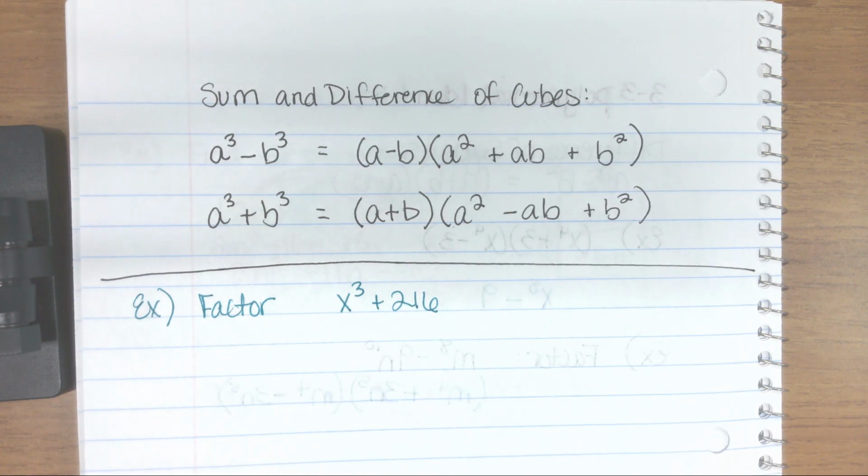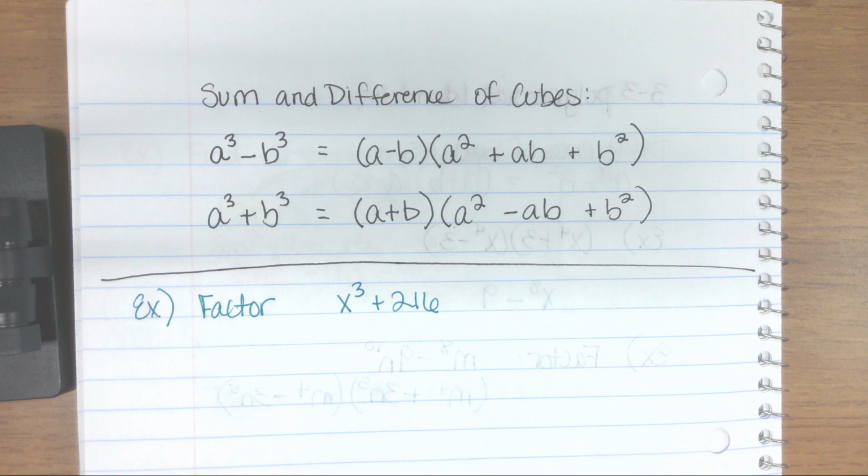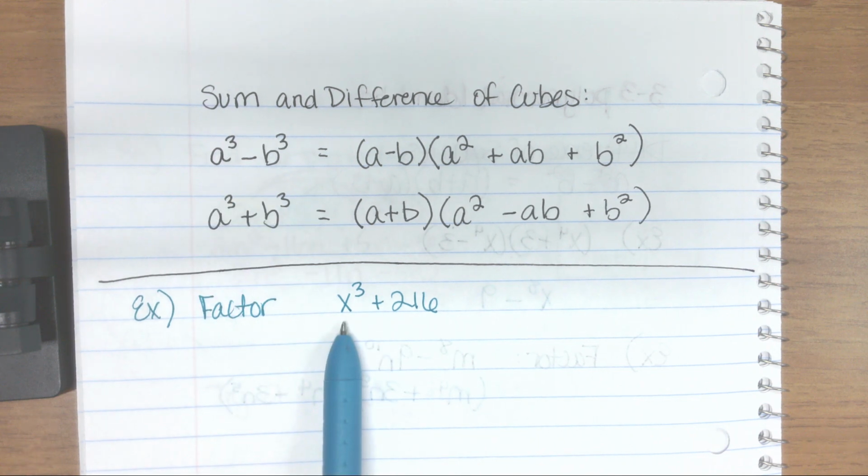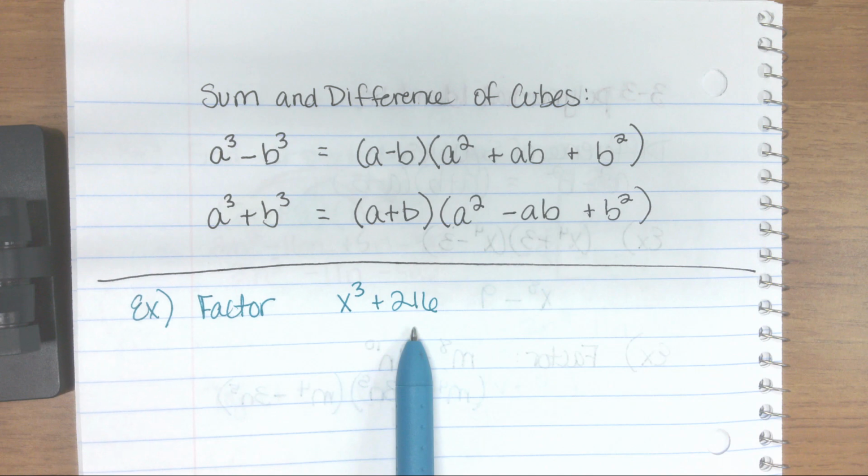Okay, now I do recognize that some of you don't know your cubes as well as you know your squares, so I'll quickly show you how we do cube roots on the calculator just to remind us. So the very first thing, this is obviously x cubed, right? I have to figure out what cubed gives me 216.